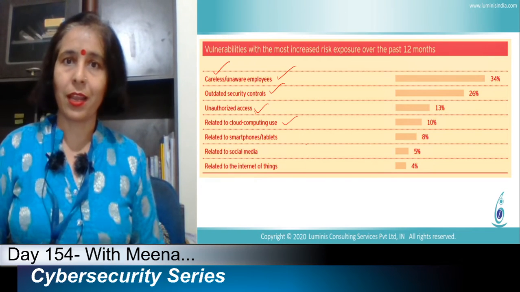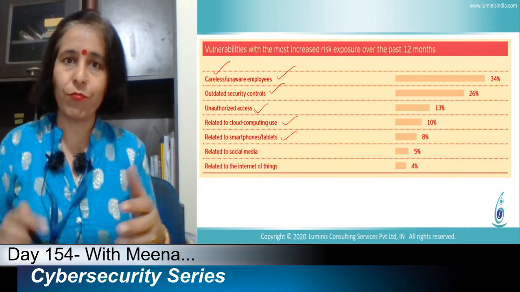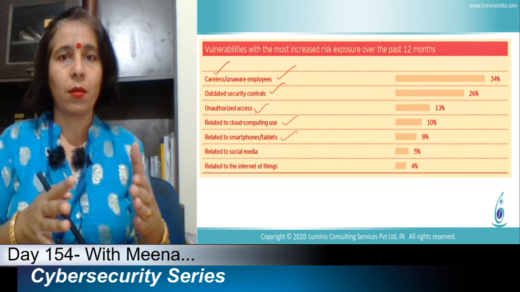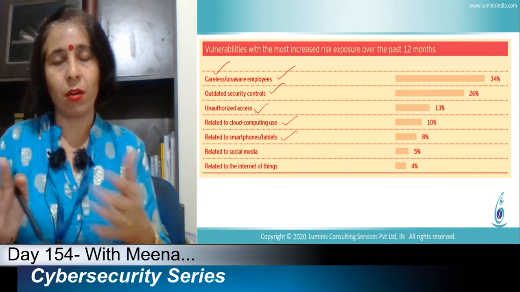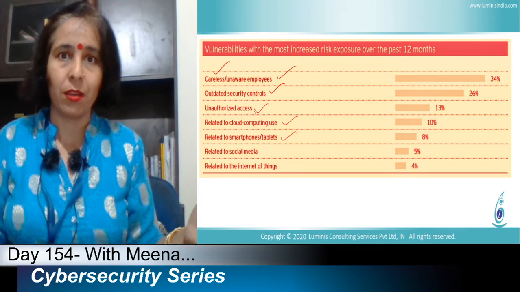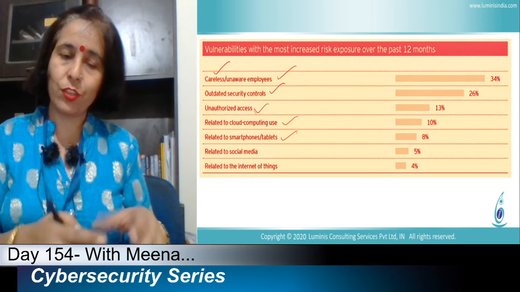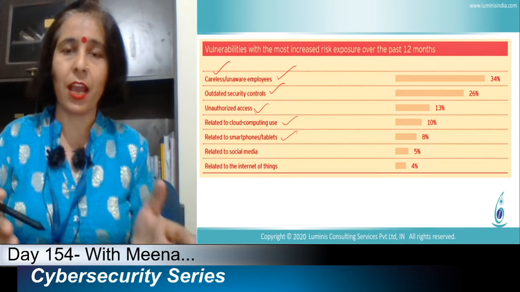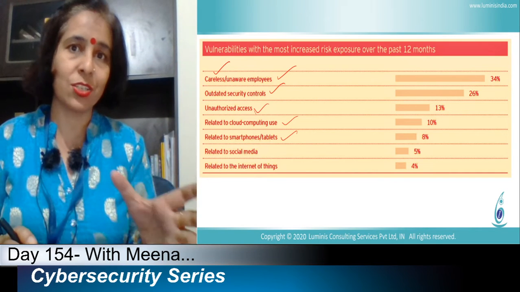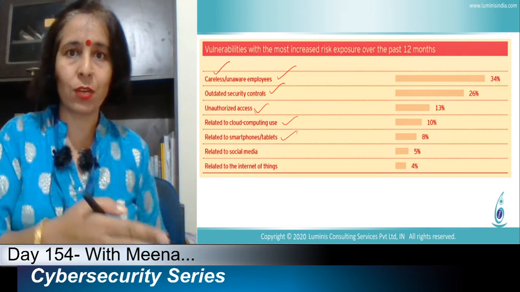Okay, again the trouble is with smartphones and tablets. If organizations are not able to manage bring-your-own-device management properly, then it will again be a trouble. Employees will bring their own devices, which will definitely have vulnerabilities, and if they are connected to the organization network, then they become part of that network.